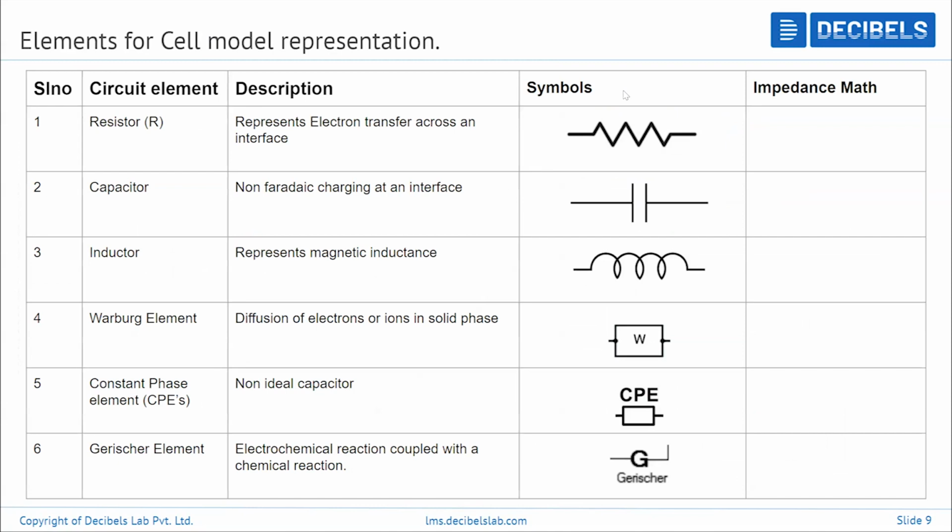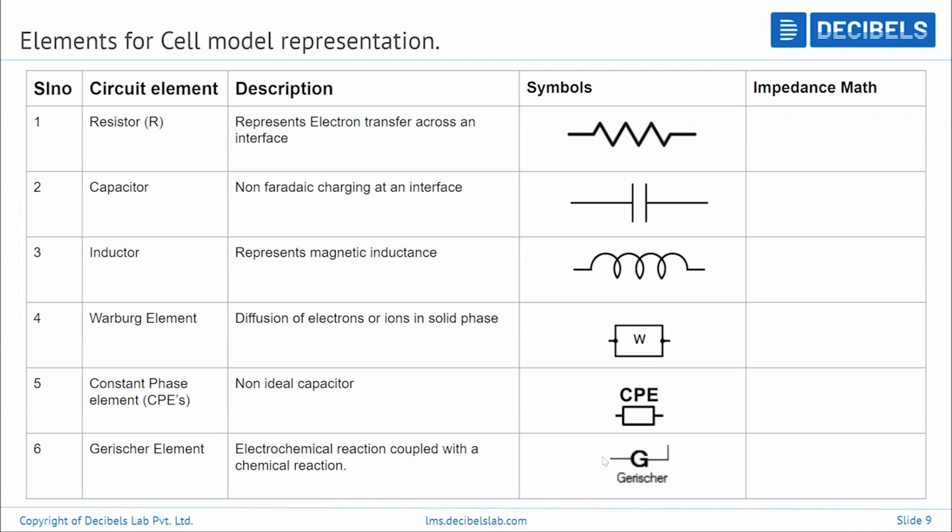So these are some elements you can see. The resistance can be represented with this symbol, the capacitor with this symbol, and the inductor, which represents magnetic inductance. Then the Warburg element, for electrons and ions in the solid phase. A constant phase element is a non-ideal capacitor. And there is a Gerischer element, which I have not covered here, for an electrochemical reaction coupled with a chemical reaction.